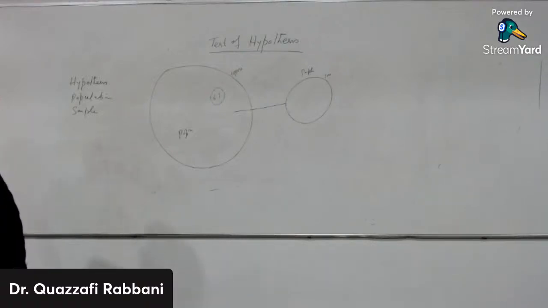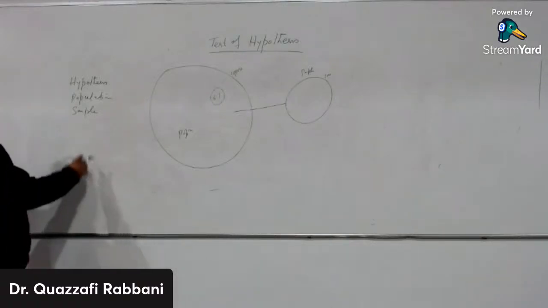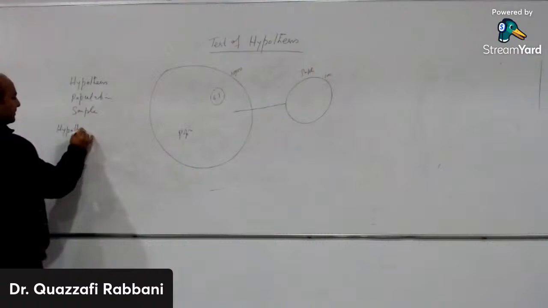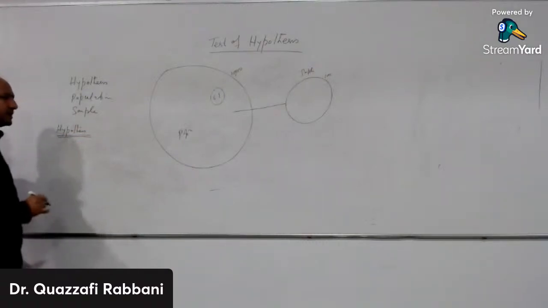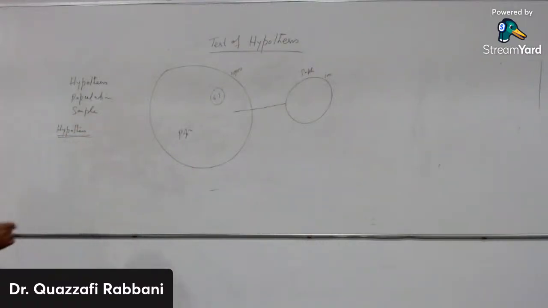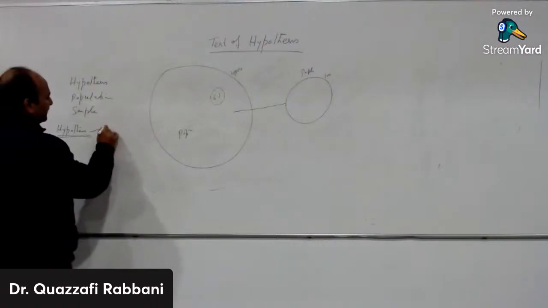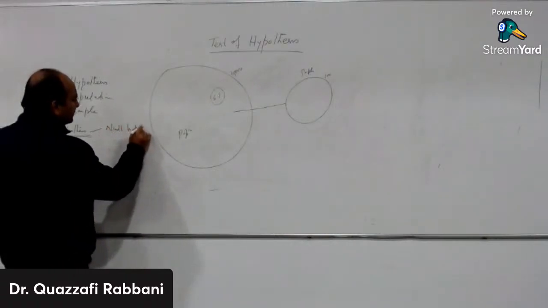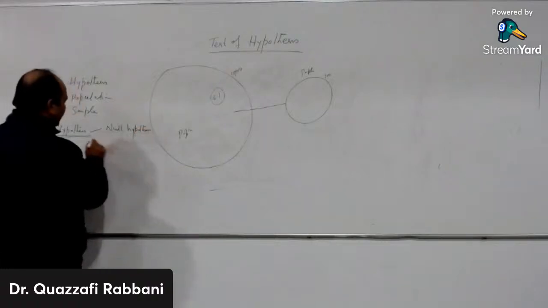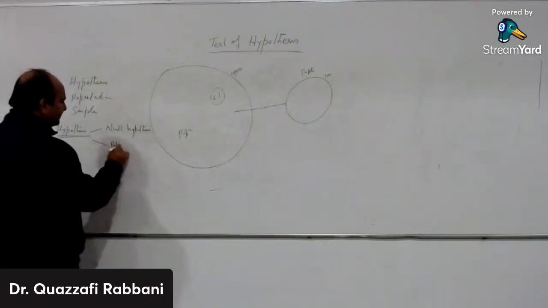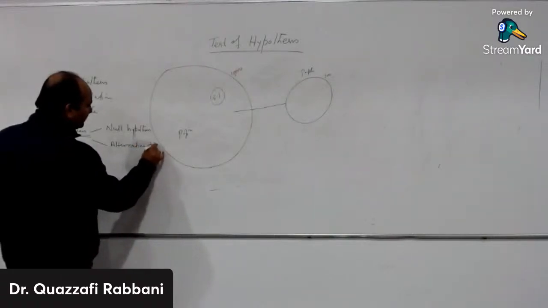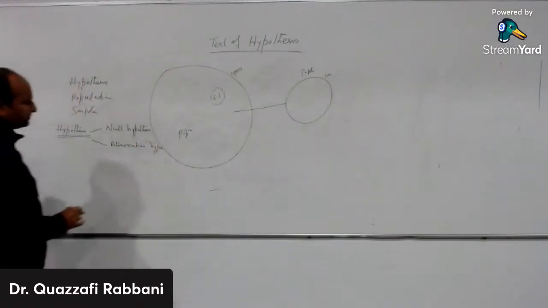Now the hypothesis can be divided into two types. First is the null hypothesis, and second is the alternative hypothesis.